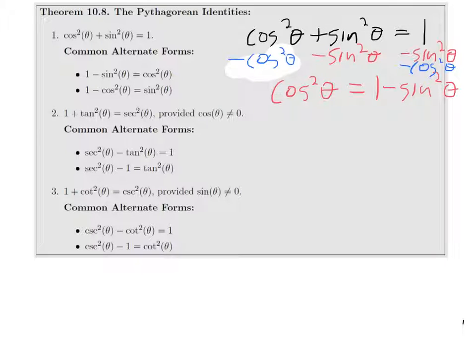I know you can. You would end up with sine squared theta equals 1 minus cosine squared theta. And we have arrived at the other one. Those are not worth memorizing because they're easy to get. Just know the basic one, sine squared plus cosine squared, or cosine squared theta plus sine squared theta equals 1.